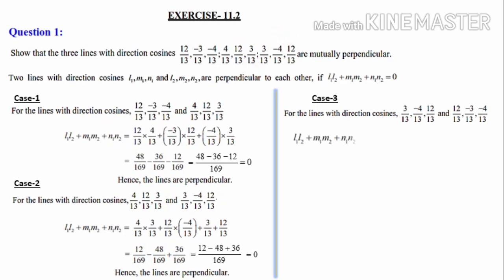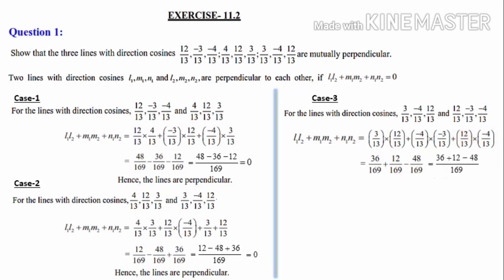Now third and first. L1 L2 plus M1 M2 plus N1 N2 is equal to, just multiply it, 3/13 into 12/13 plus -4/13 into -3/13 plus 12/13 into -4/13. That is equal to 3 into 12, that is 36/169, minus into minus plus 4 into 3, 12/169, 12 into 4, that is 48, minus 48/169.